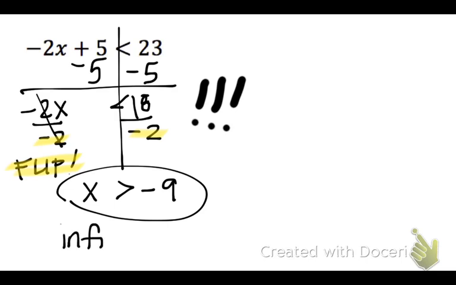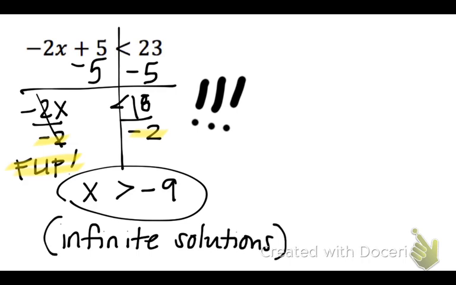Now, based on our first two examples, you know that that means that there's actually infinite solutions, right? You know that it can be any number that's greater than -9. But because negatives are tricky, I just want to remind you that numbers that are greater than -9 actually get larger. And that means actually -8, -7, -6, -5, -4.